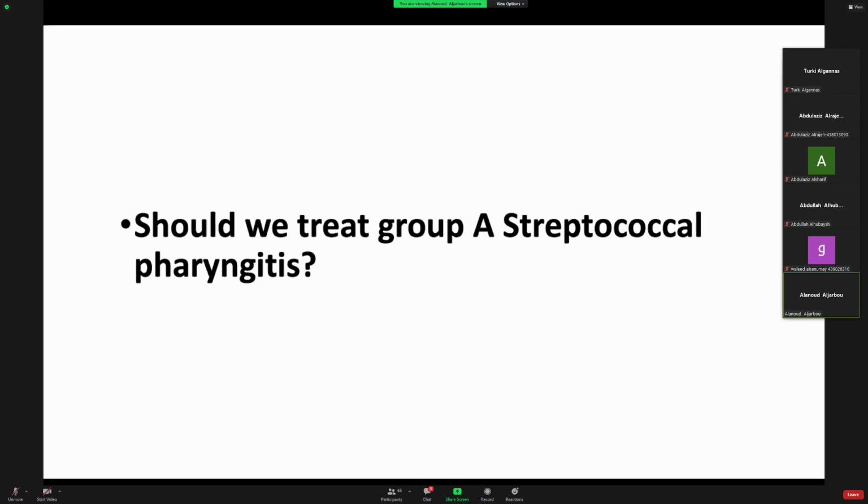It can also decrease the duration of the acute illness and prevent suppurative complications like retropharyngeal abscess and peritonsillar abscess, but the main reason we treat group A strep pharyngitis is to prevent non-suppurative complications, mainly acute rheumatic fever. That's why we have a window prior to starting antibiotic. We have 9 days for the effectiveness of antibiotic, so we do the test and wait for the result prior to prescribing antibiotic.